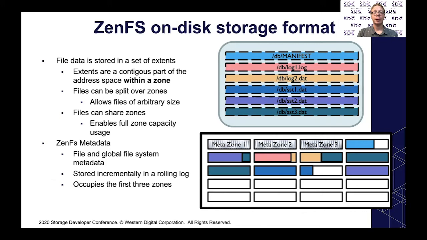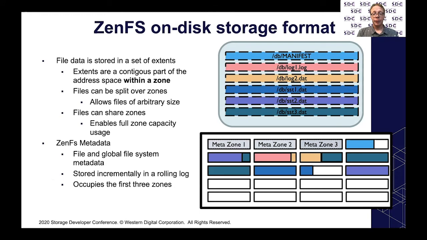So extents map to a single zone, but files can be split over zones, so files can have multiple extents, which allows files of arbitrary size. And files can share zones, which enables full zone capacity usage. So if we have a good way of co-locating data in these erase units on the drive, we can do so. ZenFS allows this and does it.